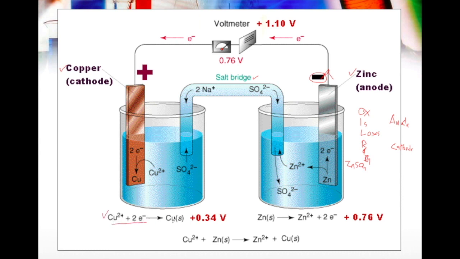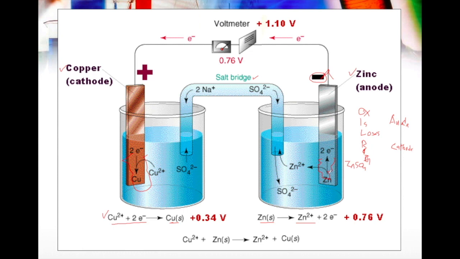It gains electron to become copper solid. Here zinc is undergoing oxidation to form zinc ion. So what essentially happens is the zinc will corrode and become thinner, and on this side the copper will become thicker.